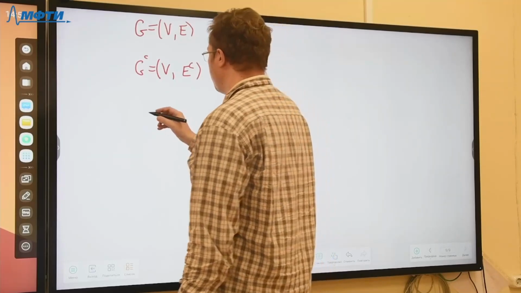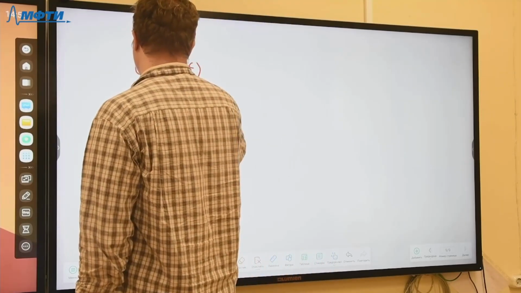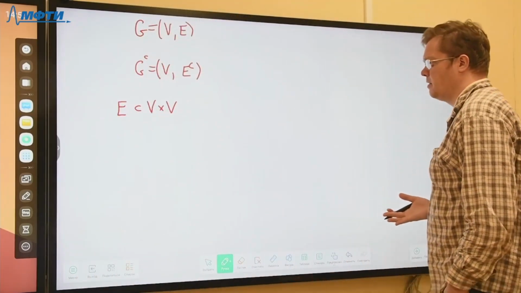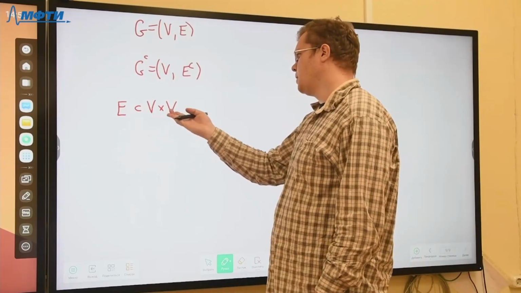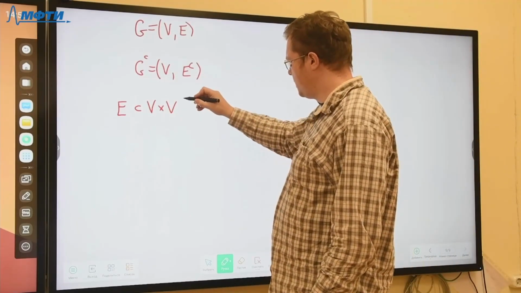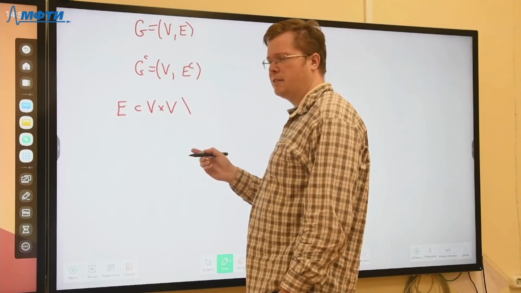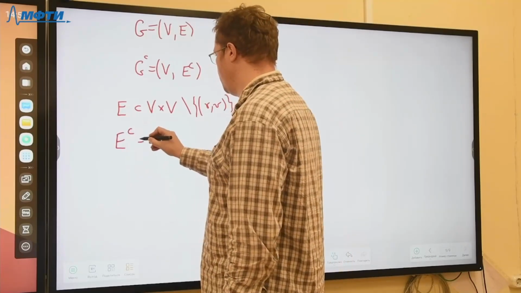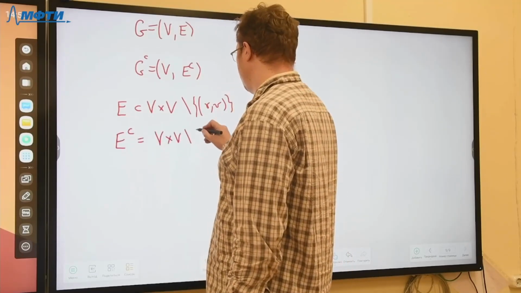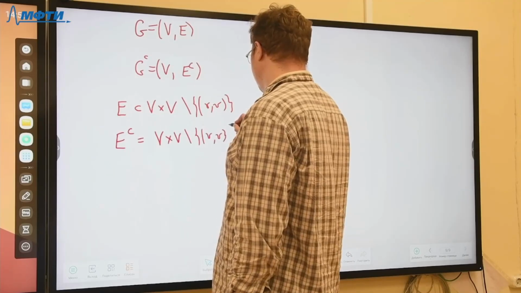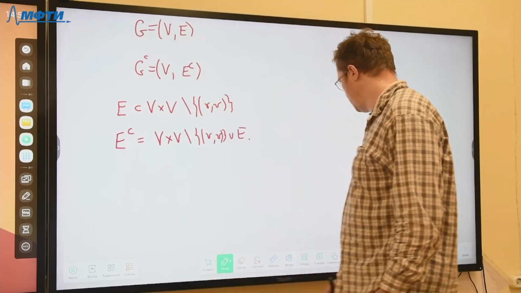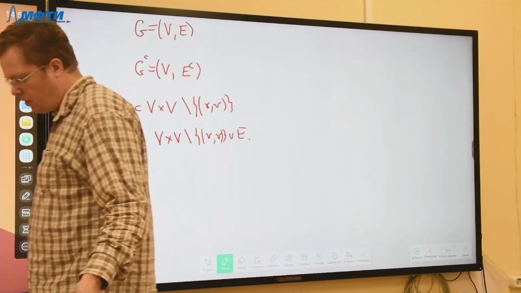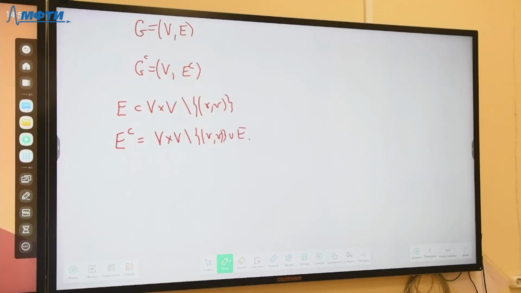So the edge set is just a subset of B times C, but here we assume that we subtract the diagonal, and so we delete all the edges in our graph and draw all the edges that we don't have in our graph.